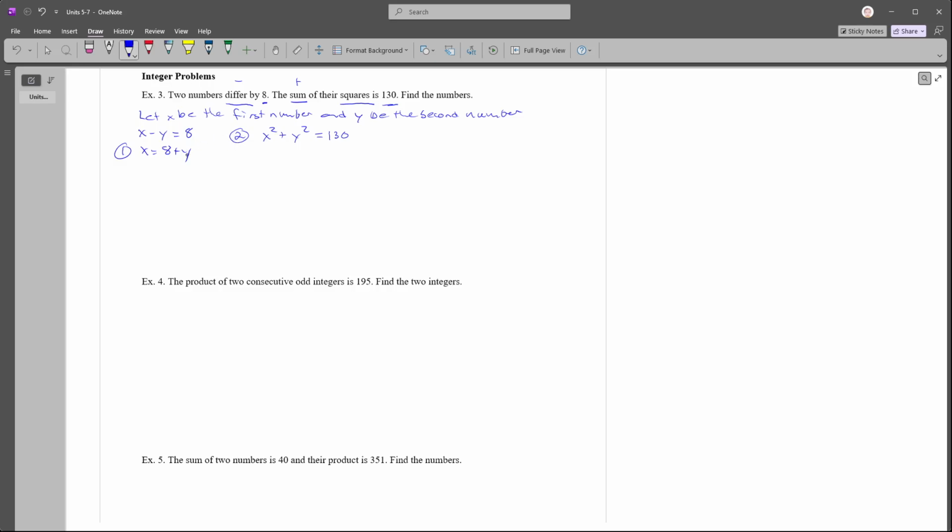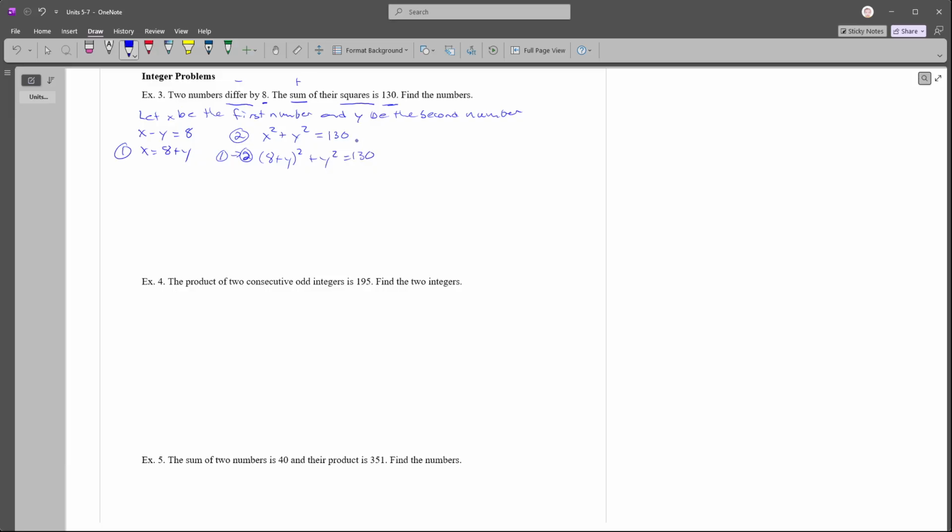So we're going to substitute 1 into 2. Wherever we see an x, we put 8 plus y. So instead of x squared, I have 8 plus y, and that whole thing is squared, plus y squared equals 130.